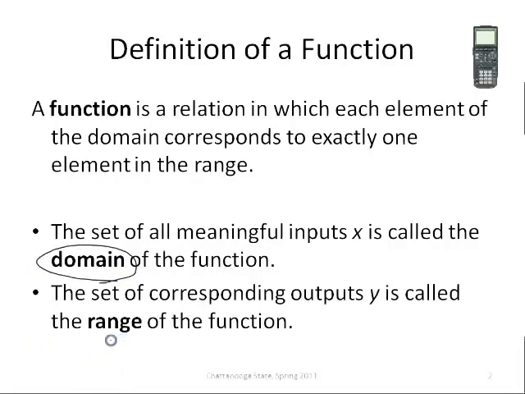The range is the set of all the elements that come out as the output y. That's the range of the function. So each x can be paired up with only one y.